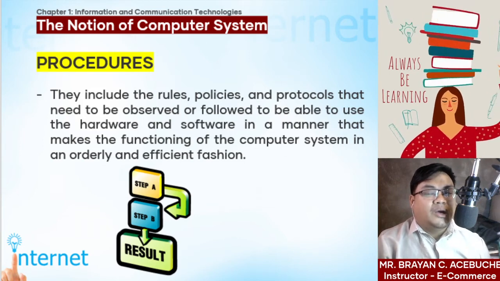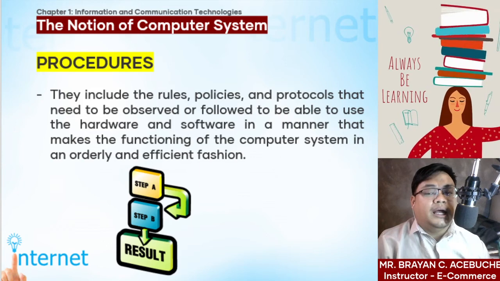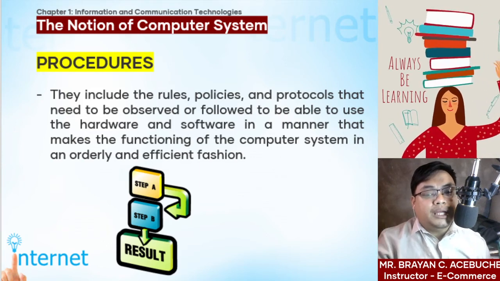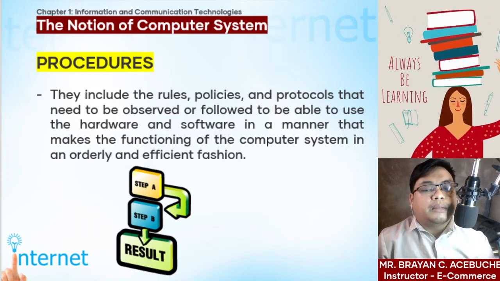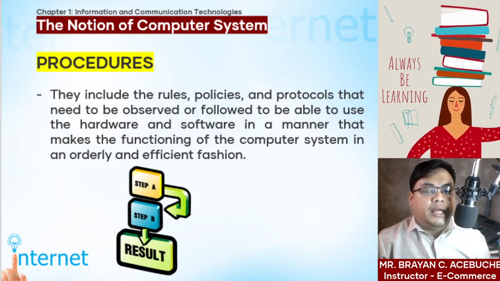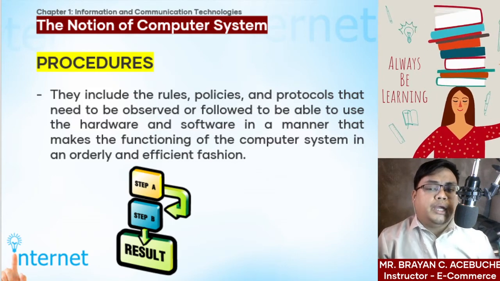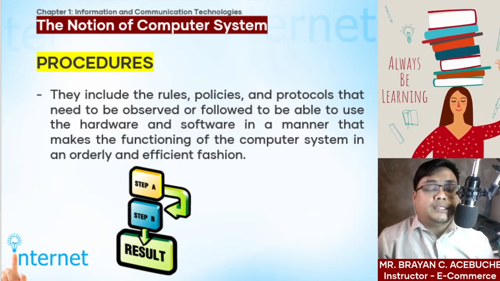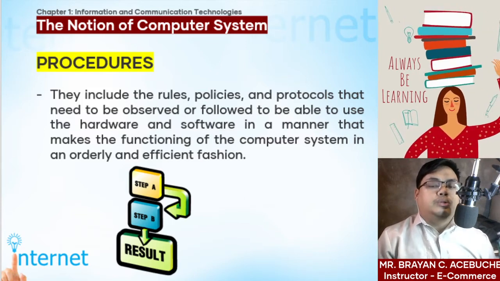Okay? So, si procedure ang nag-a-assign o nagbibigay ng complete package of information kay computer kung hanggang saan at para saan gagamitin ang mga bagay-bagay such as mga activities sa computer. Okay, so those are policies and the protocols that need to be observed or followed.